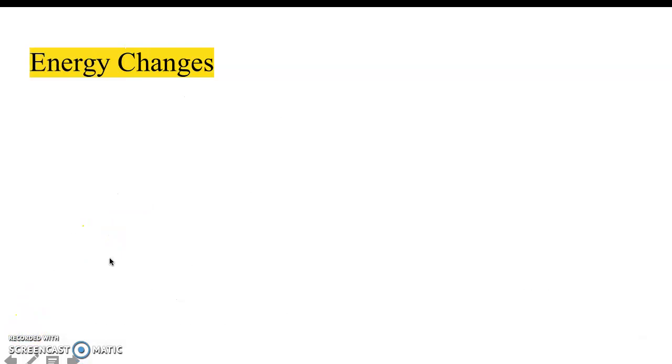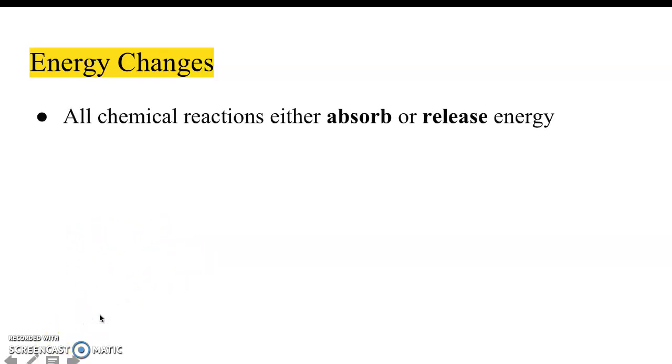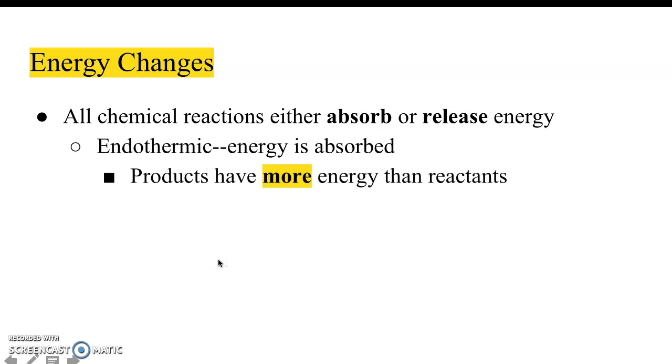Alright, so energy changes in a chemical reaction. Again, some of this is review, but I would still like for you to write it down. All chemical reactions are either going to absorb or release energy, meaning they're either classified as endothermic or exothermic. If we have an endothermic reaction, energy is absorbed. This means the products end up having more energy than the reactants.